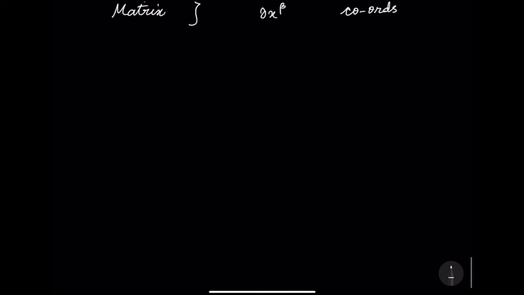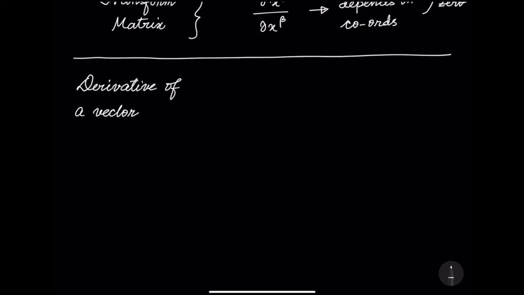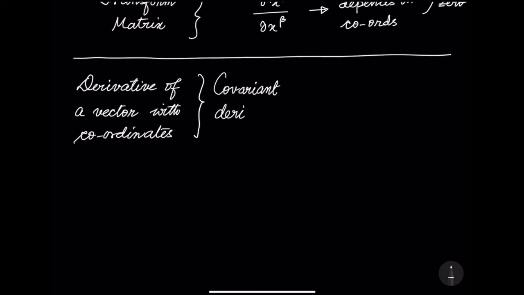So that is where we defined a covariant derivative. This is a definition, so you cannot ask why it is defined so.